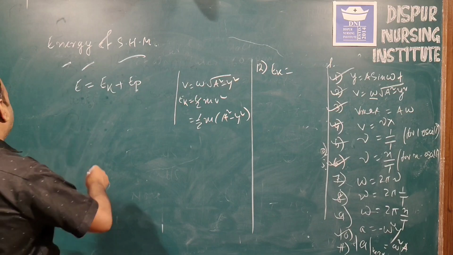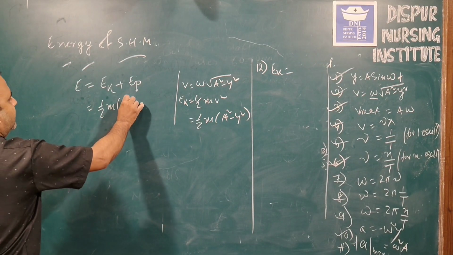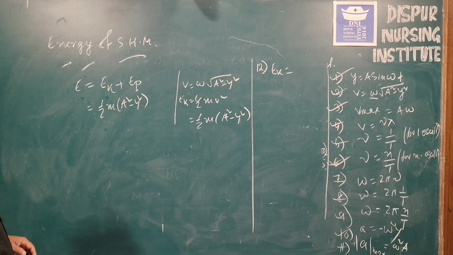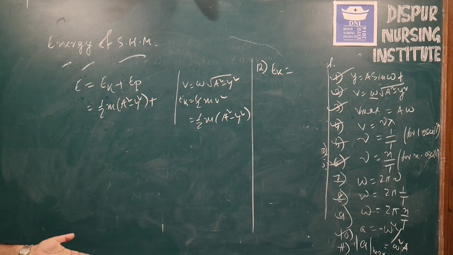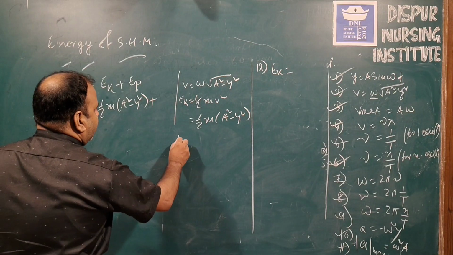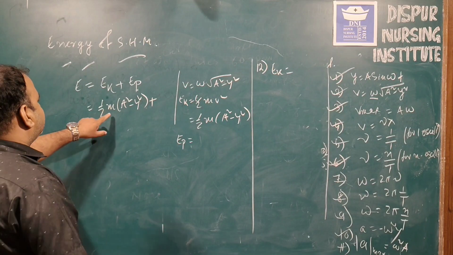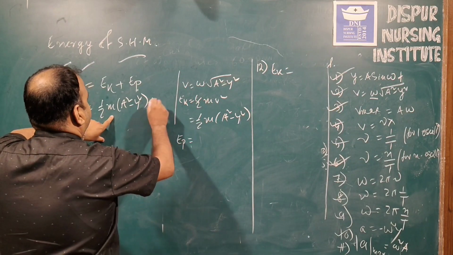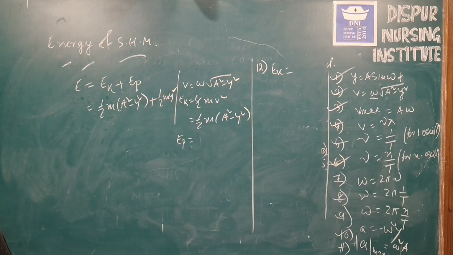Now you can see the plus is here, so we have to calculate the value of potential energy. Potential energy EP is equal to, you always remember there is one formula, half m y square in short.